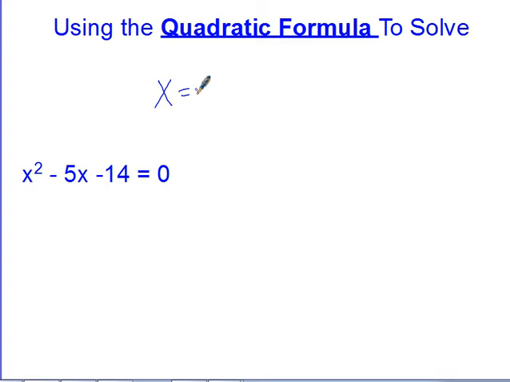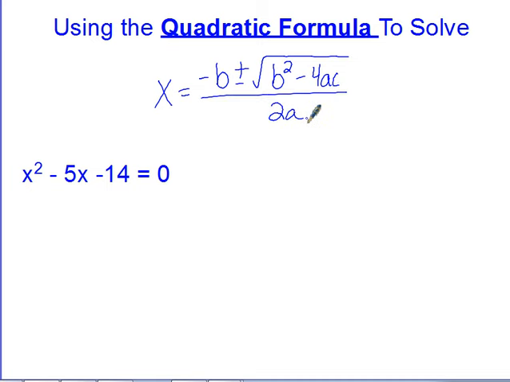The quadratic formula is... So, this is your quadratic formula. This is a way to solve the quadratics. Now, if you're solving, you're looking for the solutions, which means you're looking for the x-intercept. So this tells you where this graph crosses the x-axis.